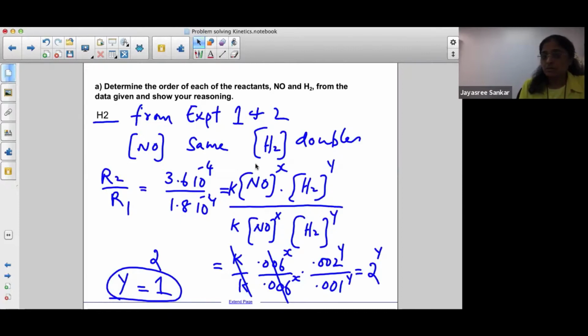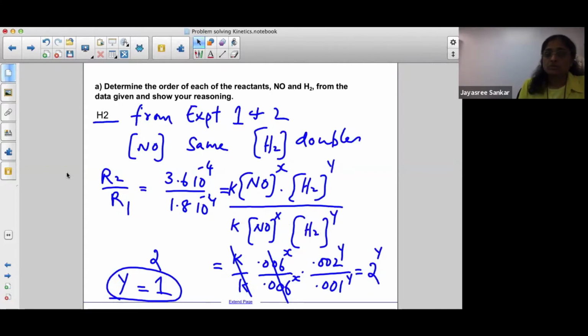Now I'm coming up with a hypothetical rate law for that equation. It should be in this format: K, the rate constant, times NO concentration to the power X. We don't know the X value yet. And times H2 concentration to the power of Y. Similarly, on the denominator, the same with respect to experiment number 1: K times NO to the power X times H2 to the power Y.